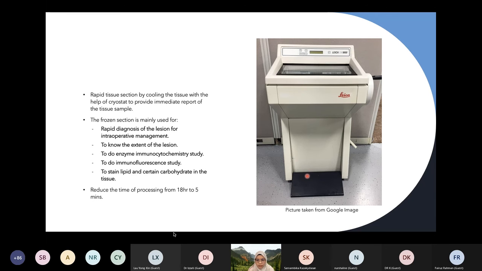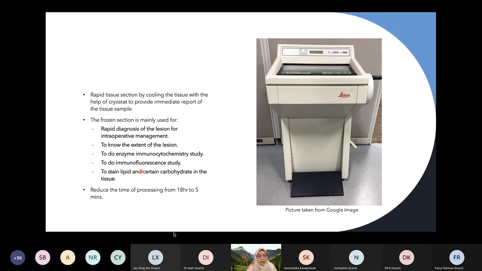When do we use frozen section? It is mainly used in certain cases or situations. For example, in surgical removal of a malignant tumor, where rapid diagnosis of the lesion is needed, or when the surgeons want to know the extent of the lesion, or in cases where we need to do enzyme immunocytochemistry or immunofluorescence study, for example, vesicular lesions, as well as cases that need to stain lipid and certain carbohydrate in the tissue.